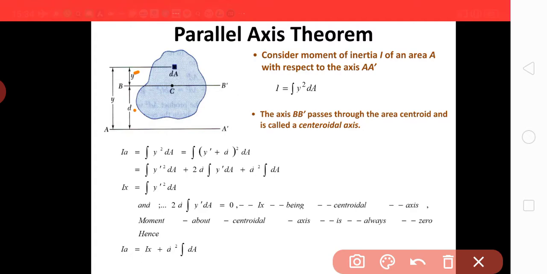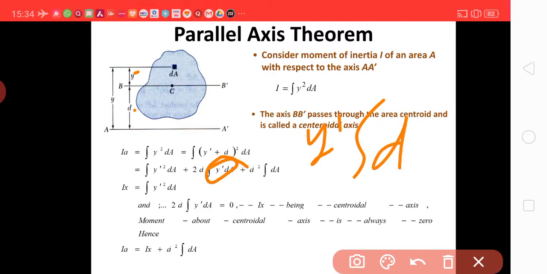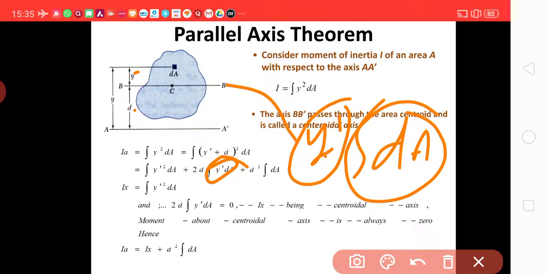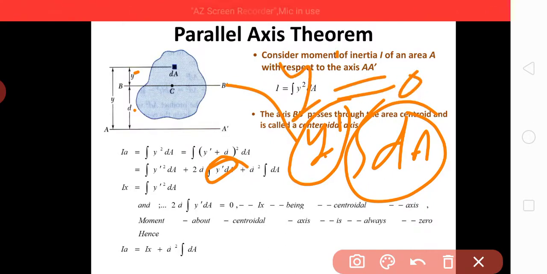You can say this term is the moment about the centroidal axis of the complete plane, that is integral y dash dA. dA is the area into the perpendicular distance from the centroidal axis, from the axis of reference. Here the axis of reference and centroidal axis are the same, hence y dash is 0, which implies that this whole term is 0.